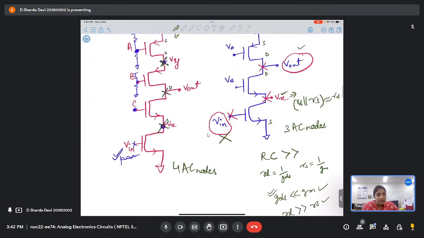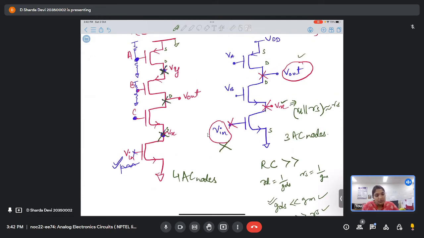Okay, now let's look at this point. At Vout, you have the drain of the PMOS and the drain of the NMOS. So it will be 1 by RDN parallel 1 by RDP. If let's say their GDNs are comparable, almost equal, so what we'll get?